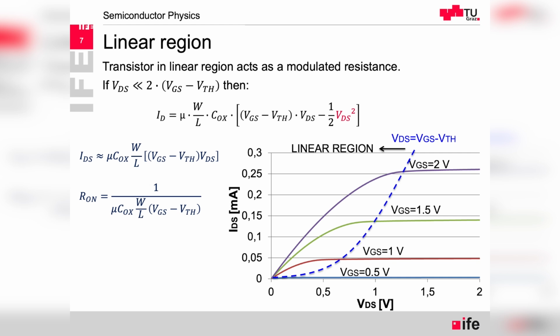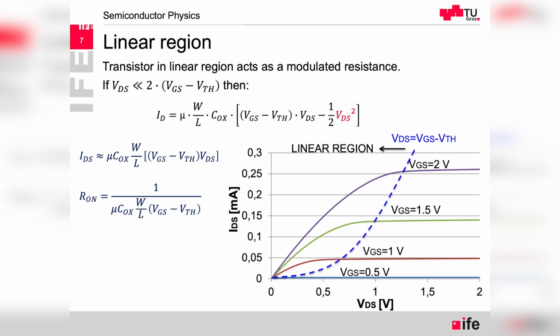So this on resistance will depend on what gate source voltage we have applied, and that's why the slope of the resistance will change and will increase for increasing gate to source voltages.